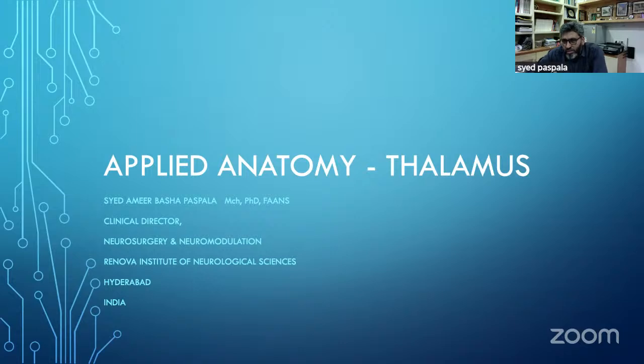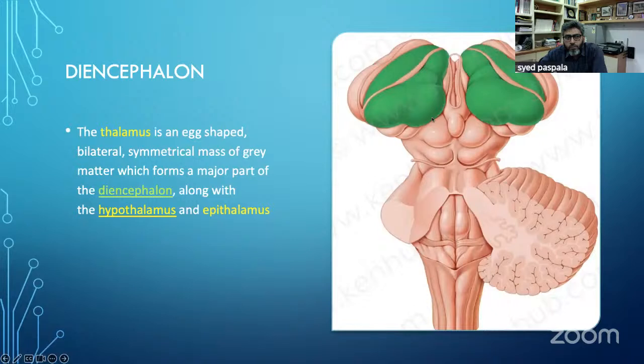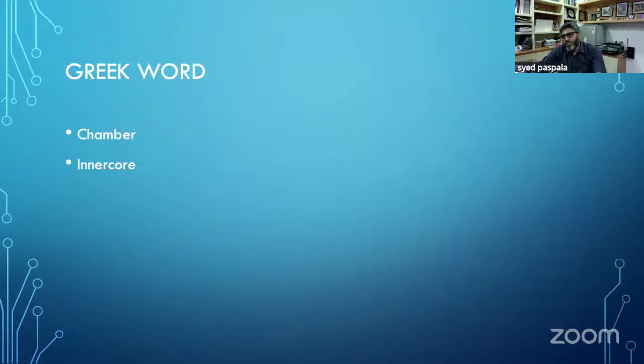To start with, thalamus is a Greek word meaning a chamber or the inner core inside the brain. Even today in Greece, the rooms are addressed as thalami.